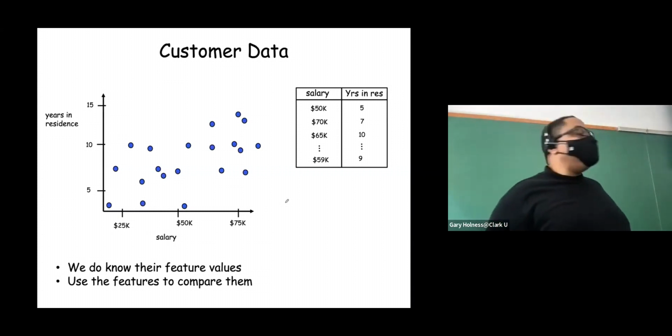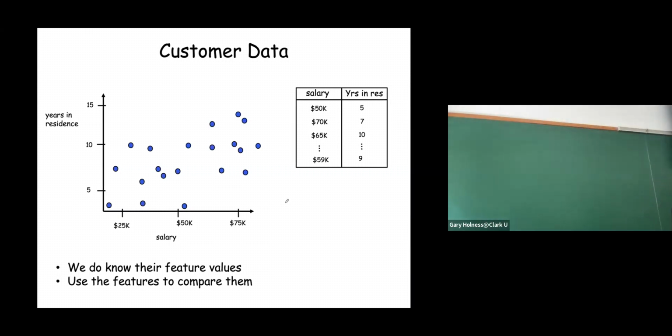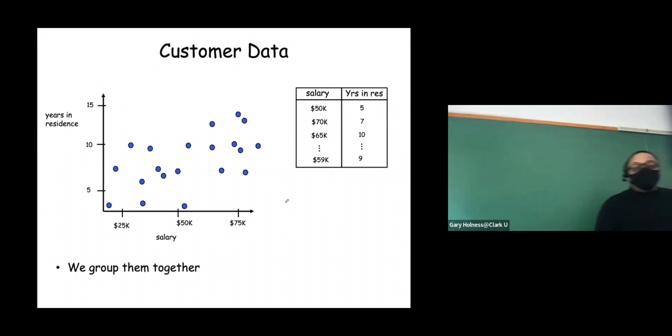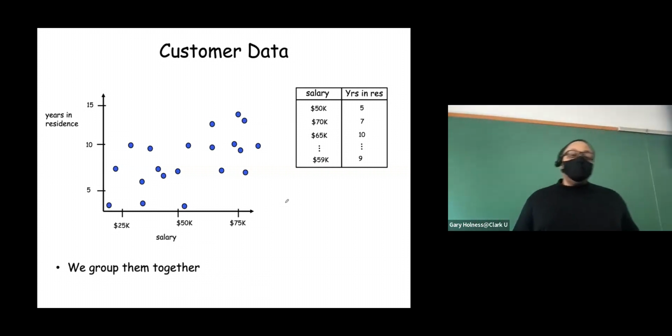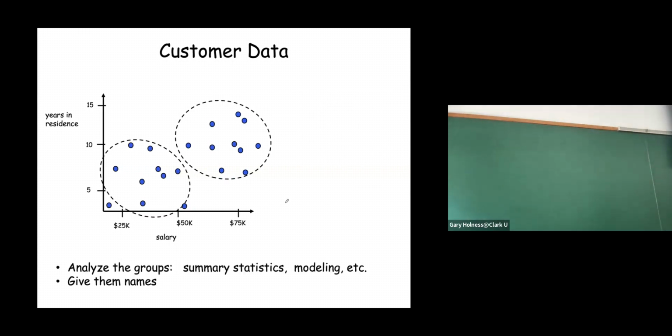Now we take each one of these points and we compare them distance-wise using their feature values. Okay, so we try to group them together, just like we said in that image library example. And once we get our groups, we identify the members of each group, and now we analyze the groups. So you compute things like the summary statistics.